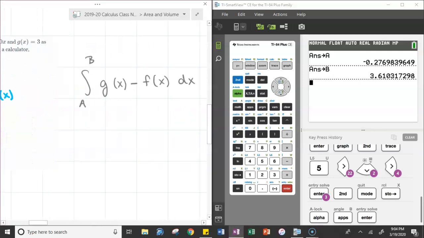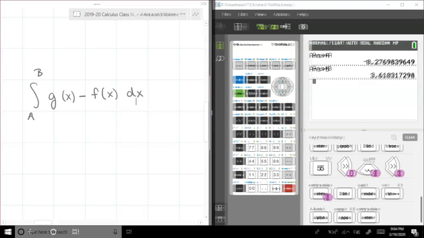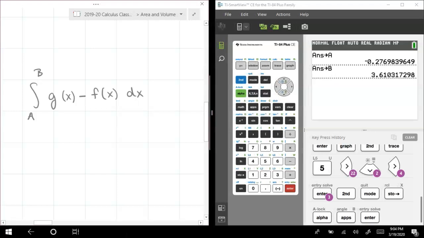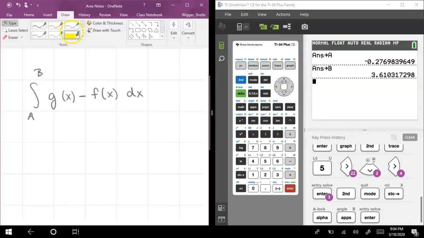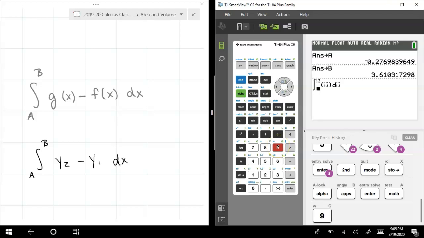Now, if I look back at the equation I have set up, I have g of x in y2 and f of x in y1. So to type this in, I'm going to go to math number 9 to get the integral to pull up.